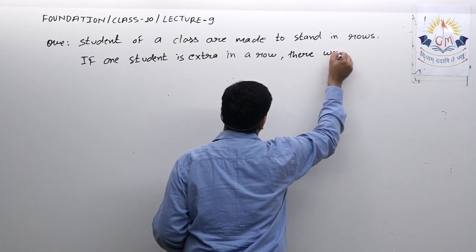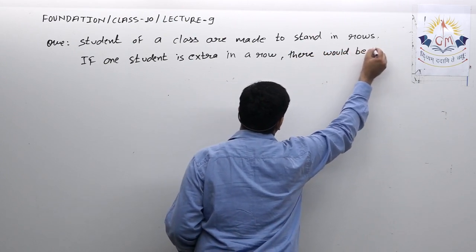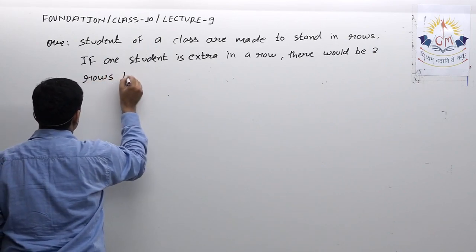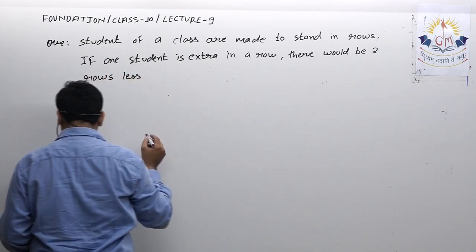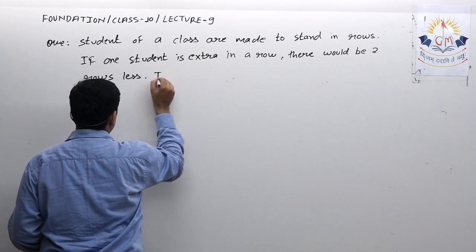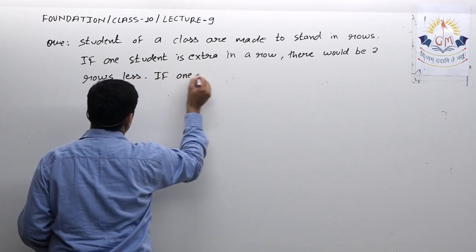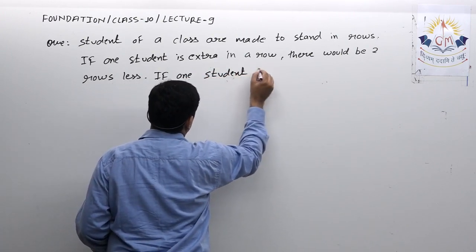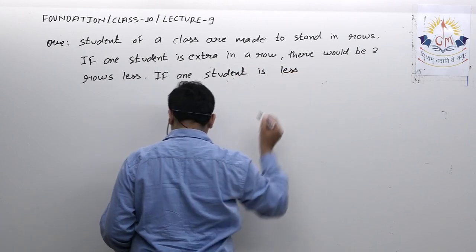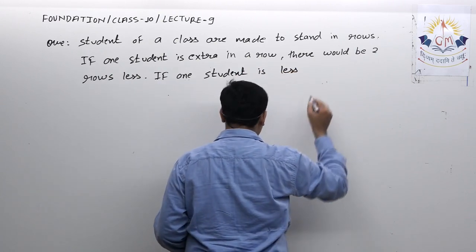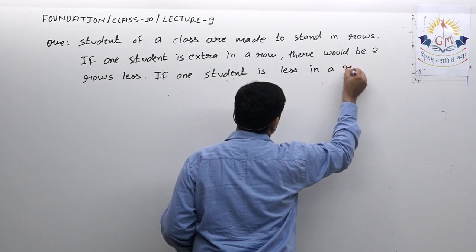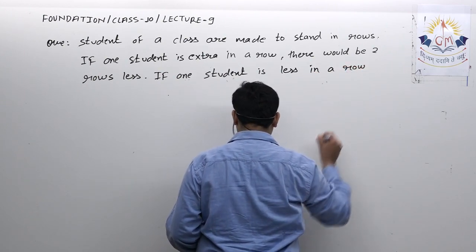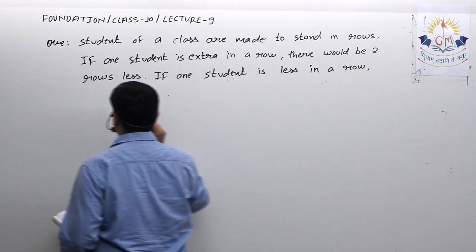If one student is less in a row, there would be three rows more.